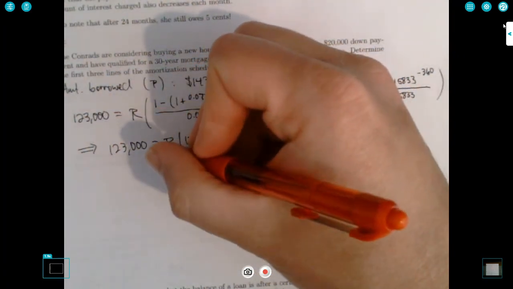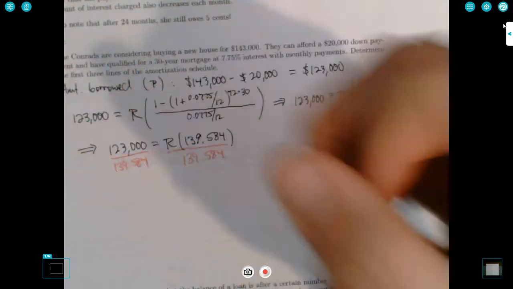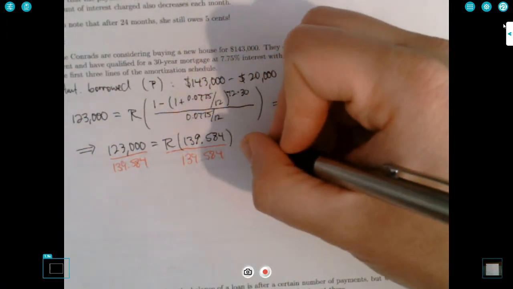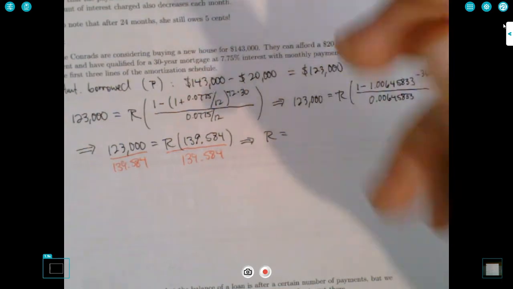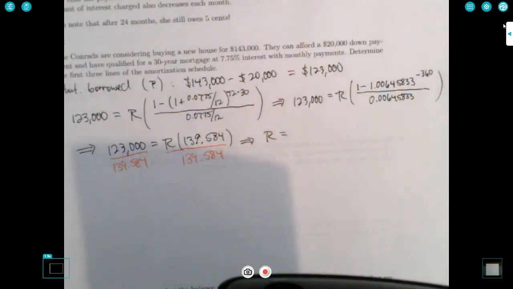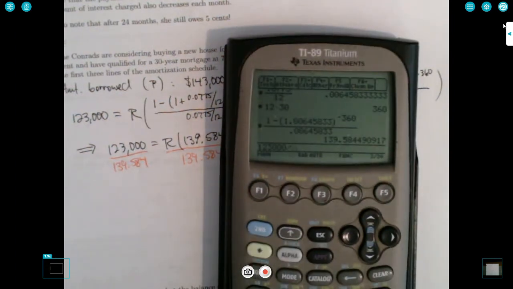We can divide by that amount now. And we get 123,000 divided by 139.584.